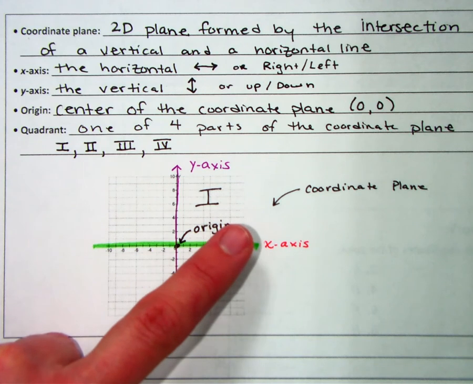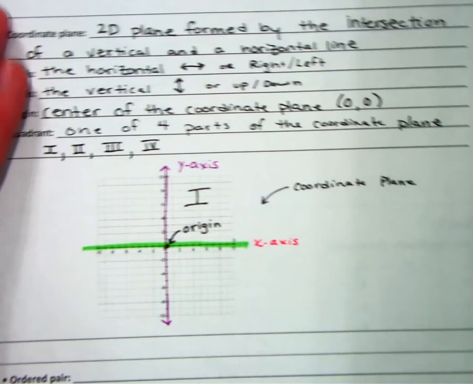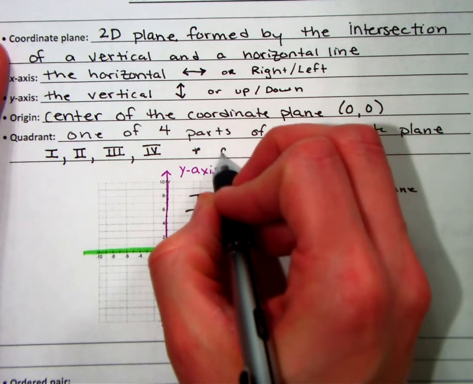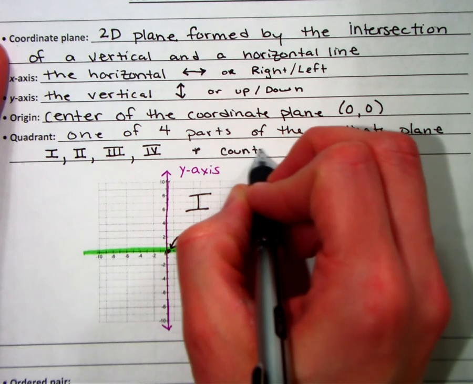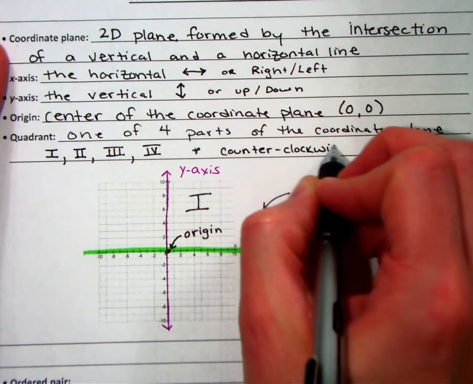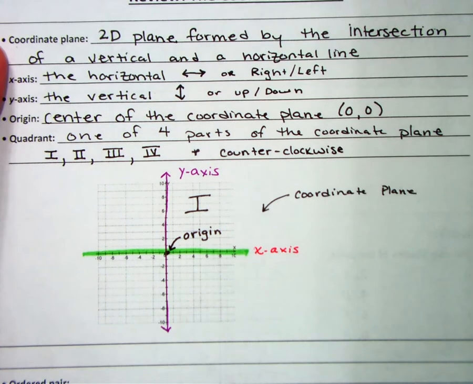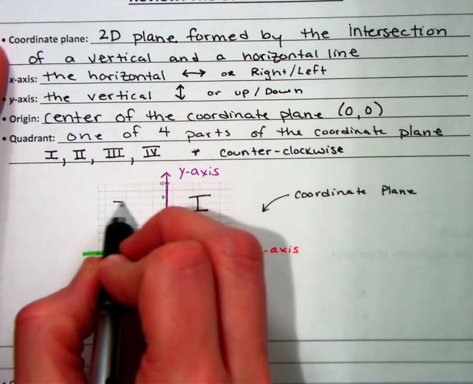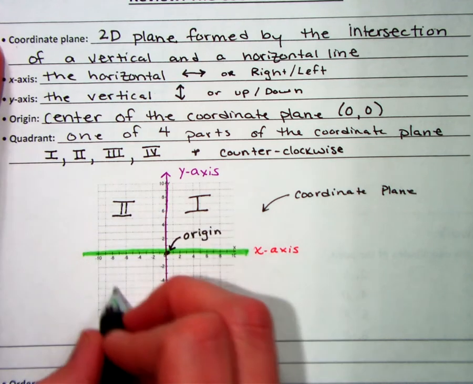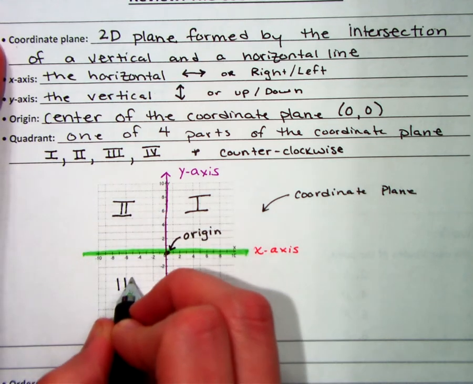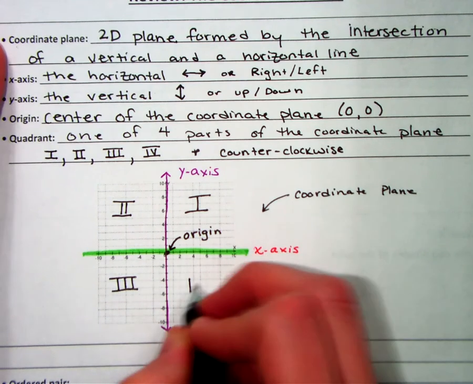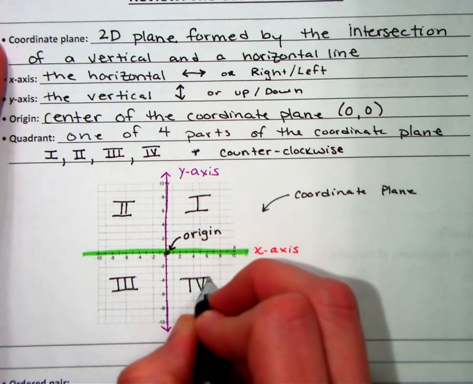It goes the opposite way. So we use Roman numerals, and it goes counterclockwise, which just means against the clock. So 2 is going to go to the left. 3 is the bottom left. And then 4, bottom right.